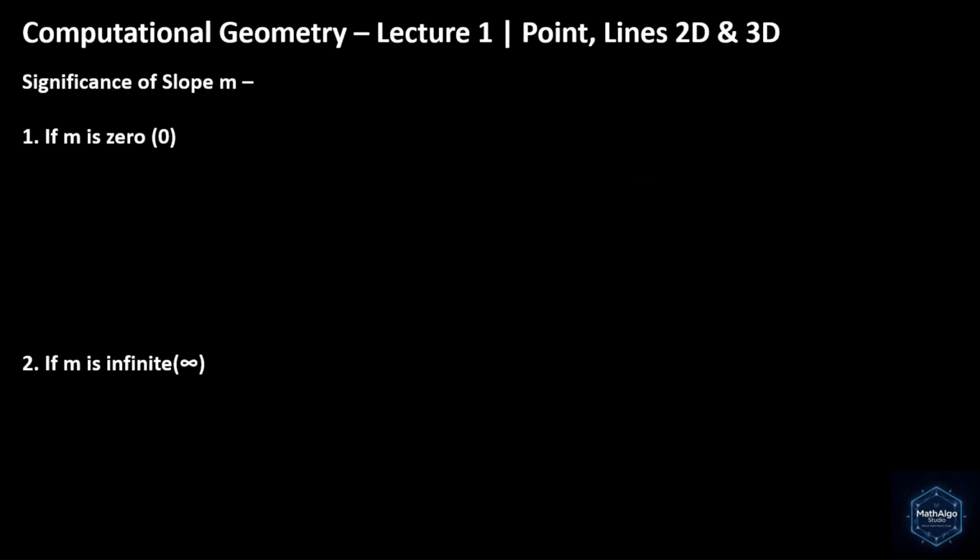Now let's understand the significance of the slope, denoted by m. The slope tells us the direction and orientation of a line in two-dimensional space. If the slope m is equal to 0, the line is parallel to the x-axis.